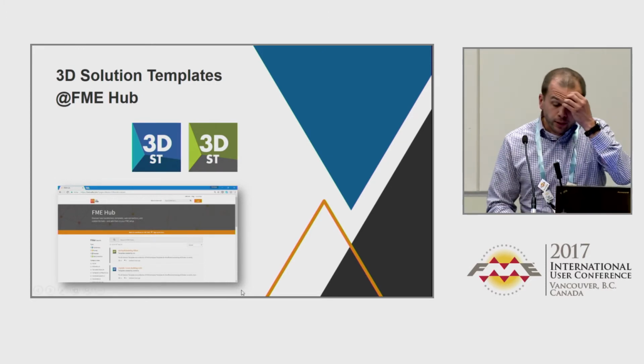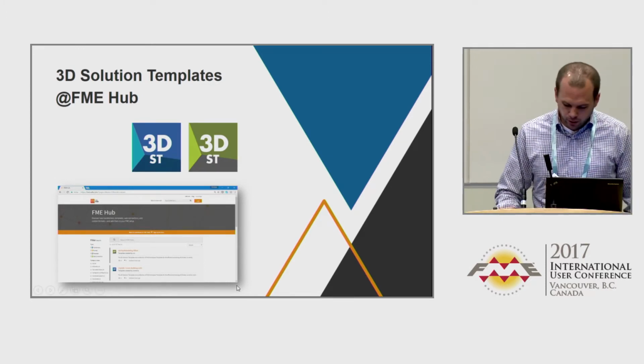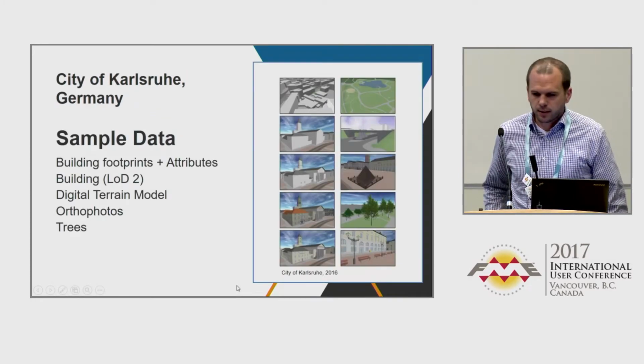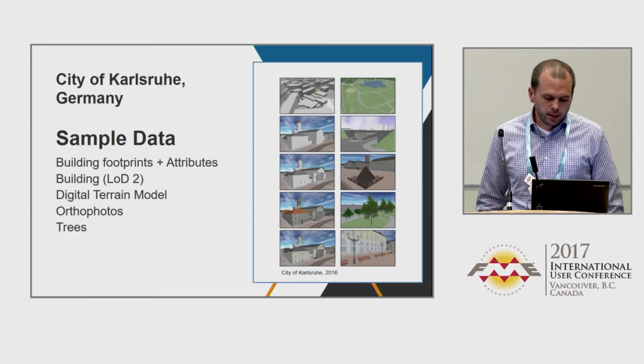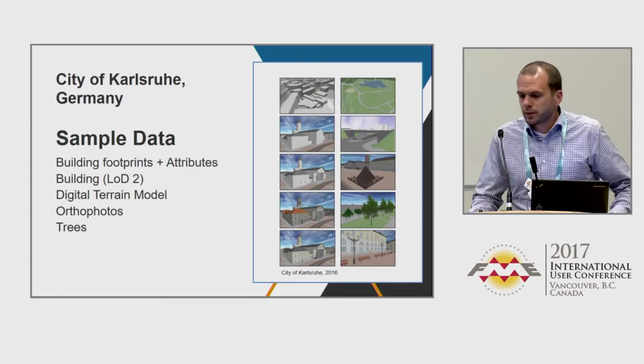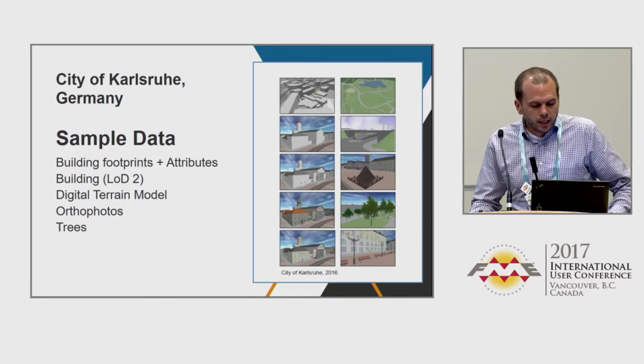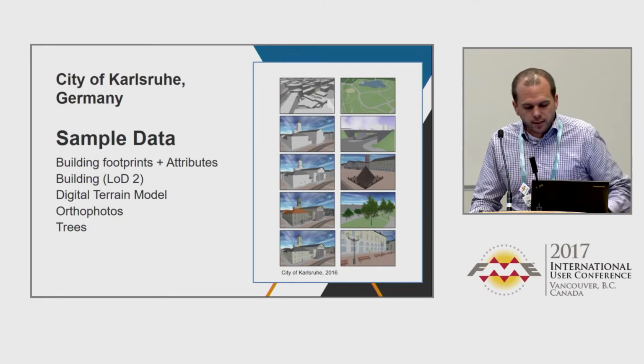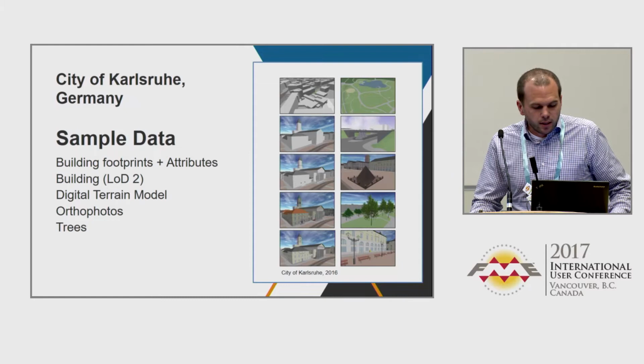So just before we jump into the demonstration, I would like to highlight that we also ship some sample data set with these solution templates. And this sample data set is coming from a German city. And you can see on the right-hand side of the picture what is in that data.